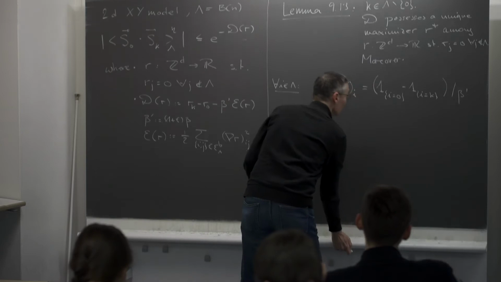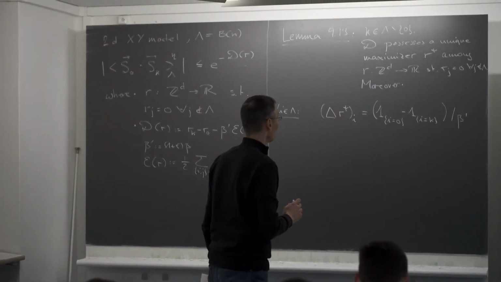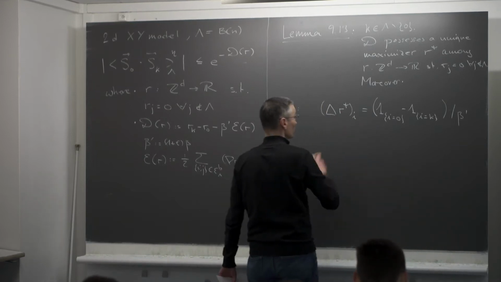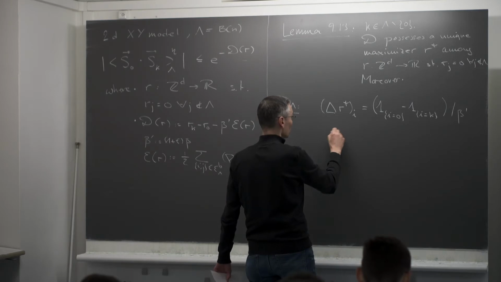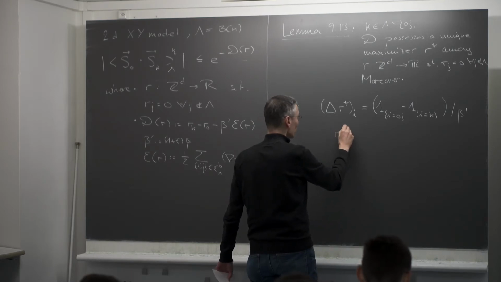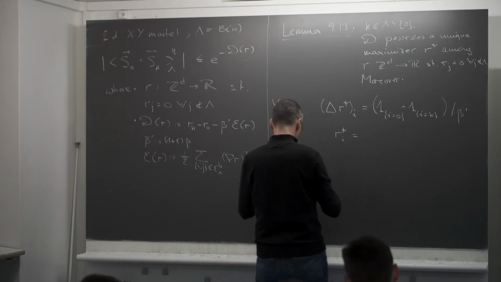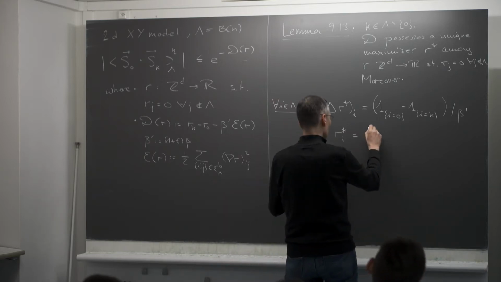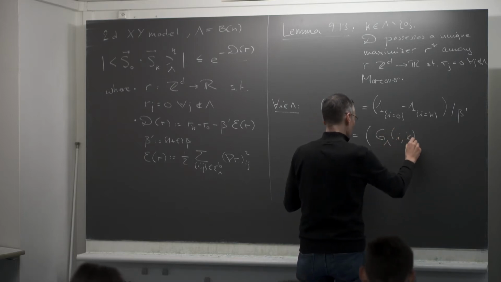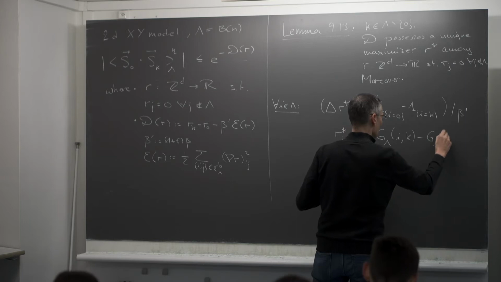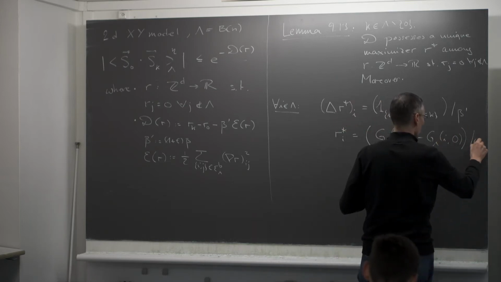And so that's an equation that the maximizer satisfies. It's actually the only solution to this equation with the given boundary conditions. And it has also an explicit expression. The solution, R star i, is given by, let me get the signs correctly, G lambda ik minus G lambda i0 divided by 4 beta prime.